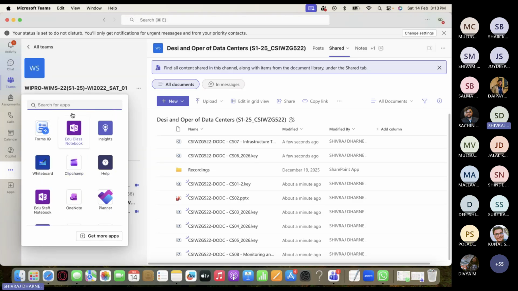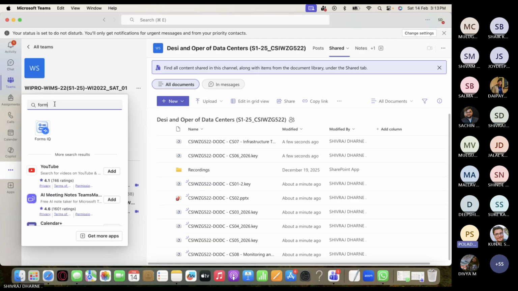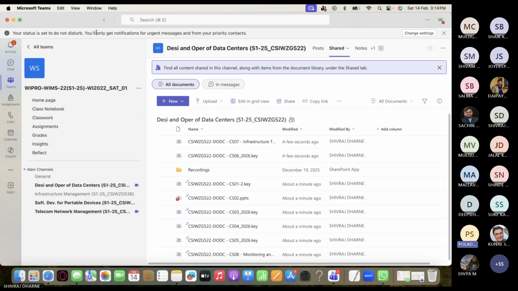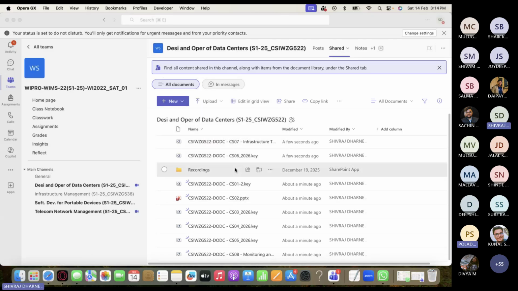So there is no Forms here. See, I'm searching, right? Forms. No, sir, Forms in the Safari browser, your own browser. Okay, Safari browser. I don't have Safari browser. I have Opera or something. Yeah, anything. Opera GX is there. Okay.